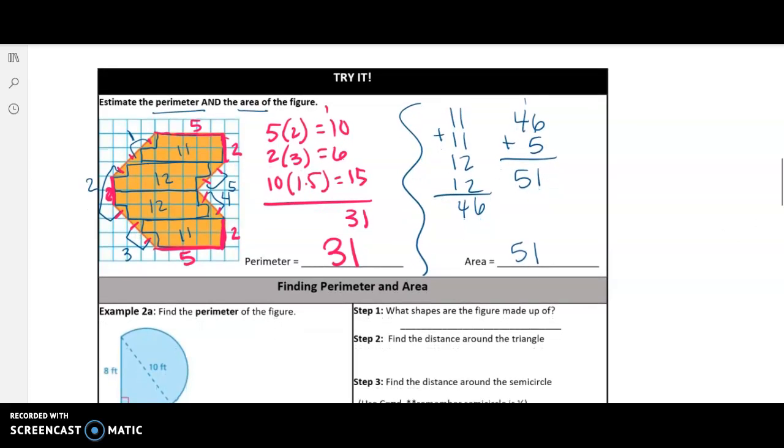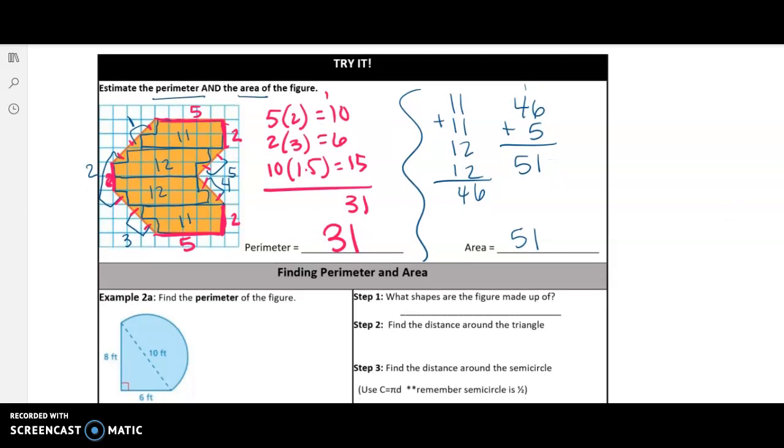Alright, so here's what I got for my estimation of my perimeter and my area. So I counted 5 across the top and the bottom, and then 2 on the sides, and then there's one more set of 2 full squares over here. So I did 5 times my top and bottom. Then I did 2 times the 3 stacked that I found.